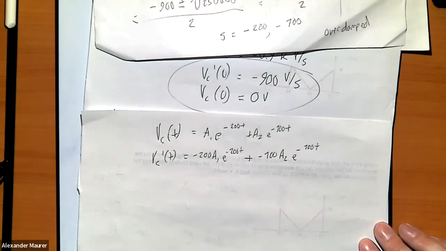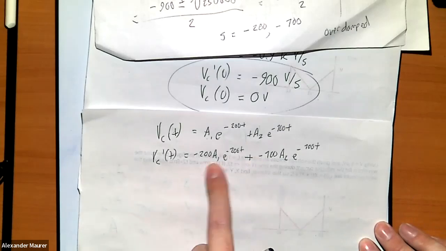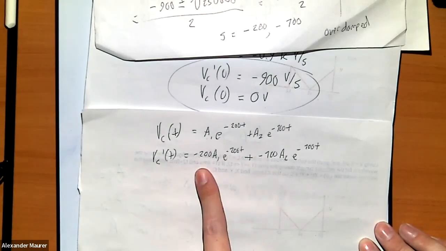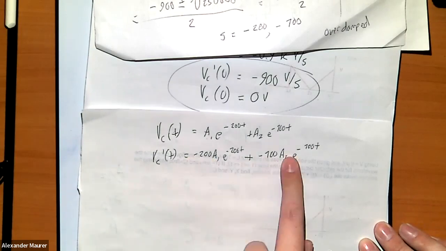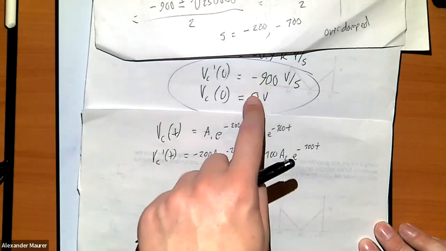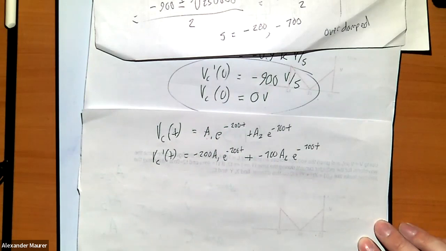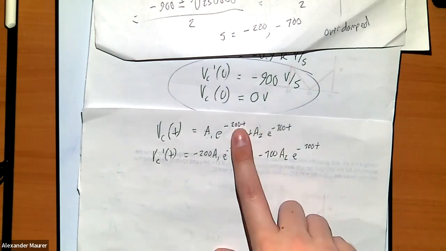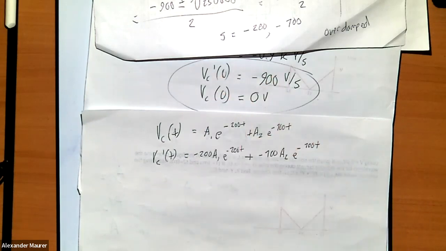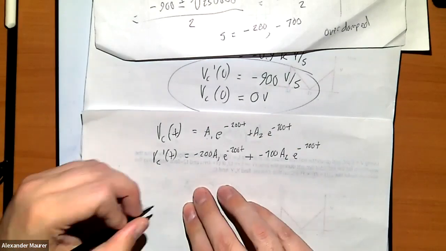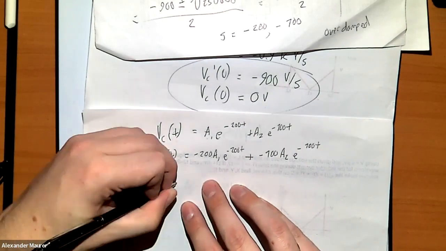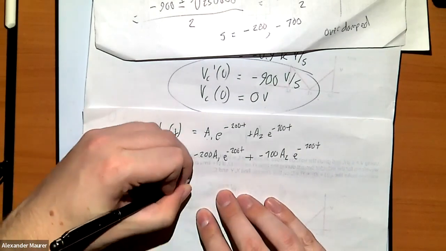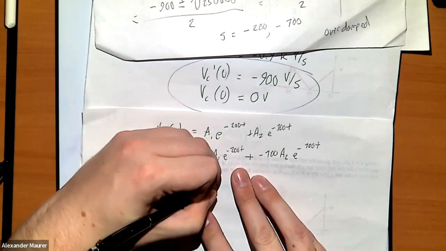Okay. So we end up with these two things, and so we just have a system of equations to solve. If we plug in 0 into these formulas, we'll get that VC of 0 is 0 and must be equal to A1 plus A2.